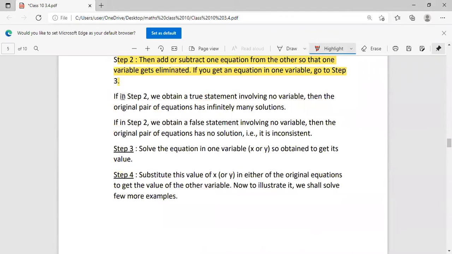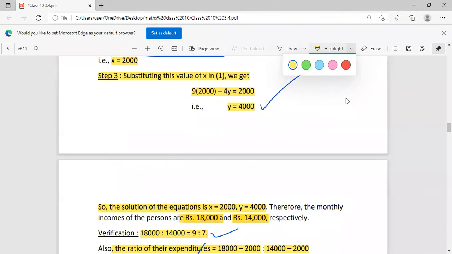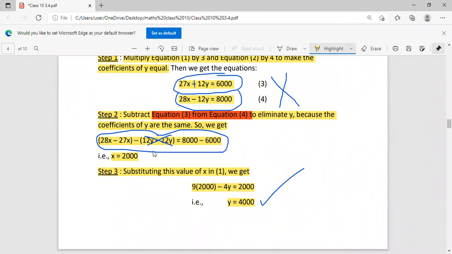Now, if in step 2 we obtain a true statement involving no variable, then the original pair of equations has infinitely many solutions. Which means, in step 2 we normally get a linear equation in one variable. But sometimes when we multiply and move further, you only get a number.